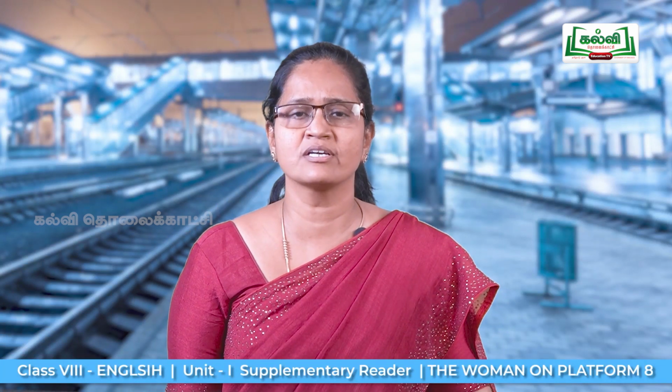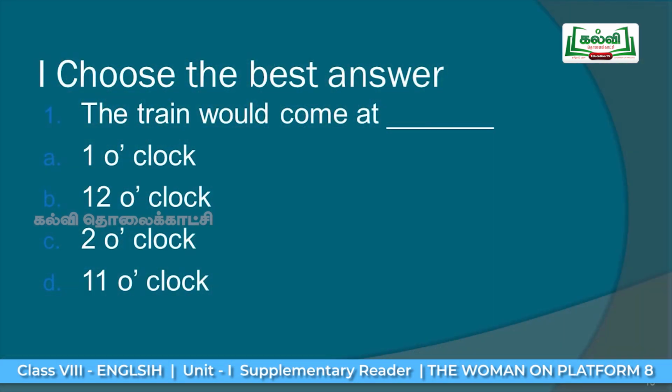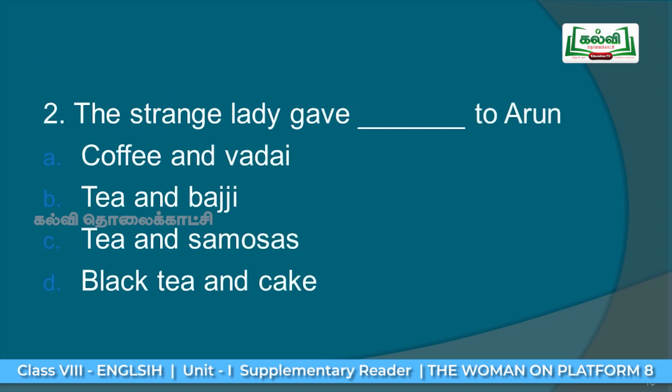Now, shall we do the choose the best answer, children? Now, see, the first question is, the train would come at, I would give you 4 choices. 1 o'clock, 12 o'clock, 2 o'clock and 11 o'clock. What's the answer, children? Yeah, 12 o'clock. Very good. Okay, the next question. The strange lady gave dash to Arun.